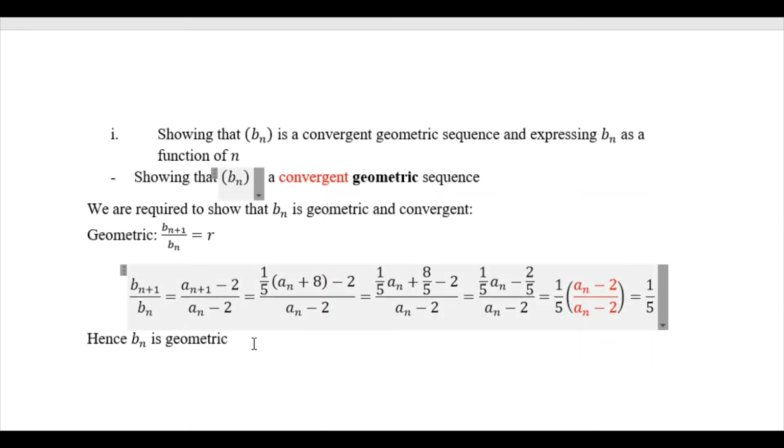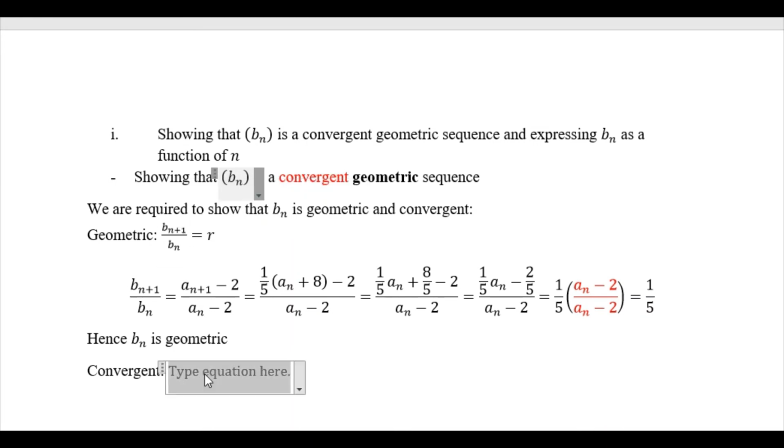Next we show that it is convergent, and then we conclude that it is geometric and convergent. To show it's convergent, we just need to show that the absolute value of the common ratio, b_(n+1) divided by b_n, is always less than 1.